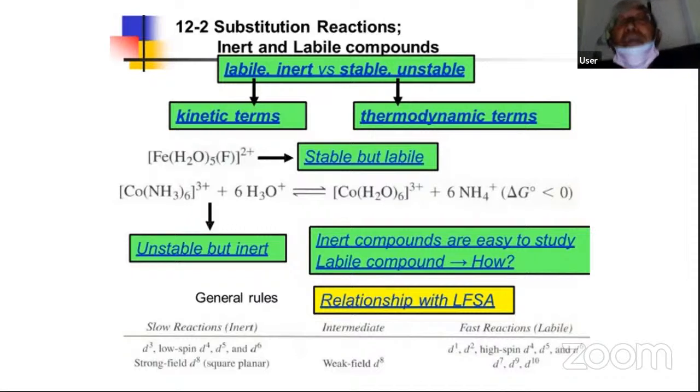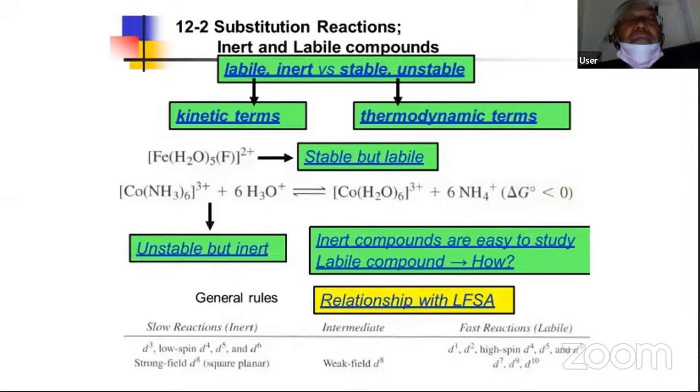So again, this reaction scheme is always very important. I told you from the very beginning, when you study a reaction, the first thing is to know what happened, and you can always write the reaction scheme. This is hexaamine cobalt with the hydronium ion, in the presence of acid, pH is low.